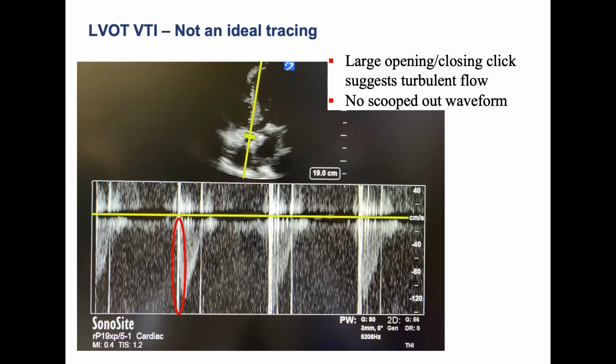That tells me I'm too far in, and the flow is a little too turbulent. In addition, I have a really large closing click as well. Again, this tells me I'm not in the correct location. In addition, this waveform is more filled in. It's not really scooped out. So this is not really an ideal LVOT VTI tracing, but it's pretty close.